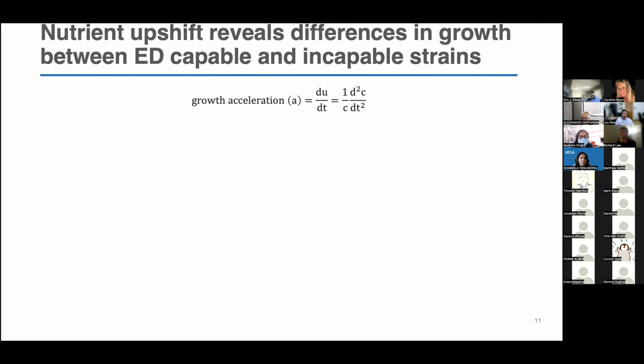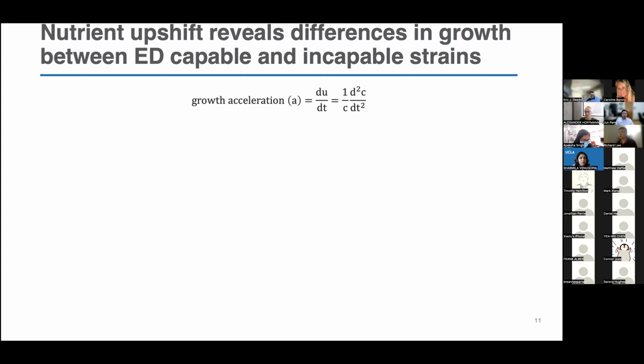And so to more quantifiably measure this upshift growth condition, we quantified what we termed growth acceleration, which is just the time derivative of the growth rates between that region of transitory growth phases.